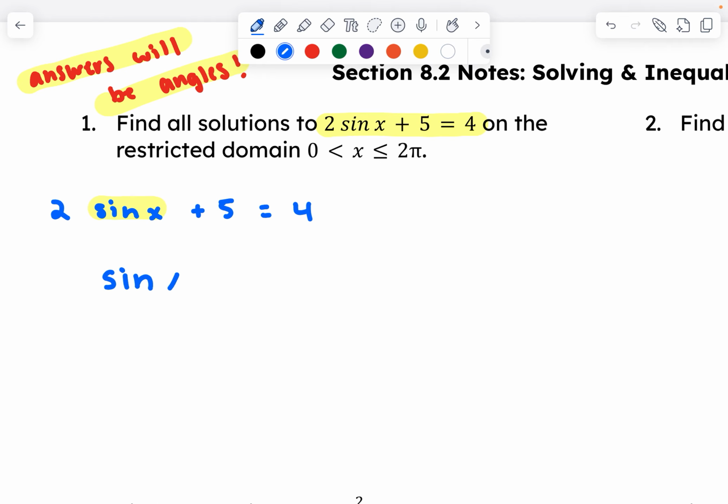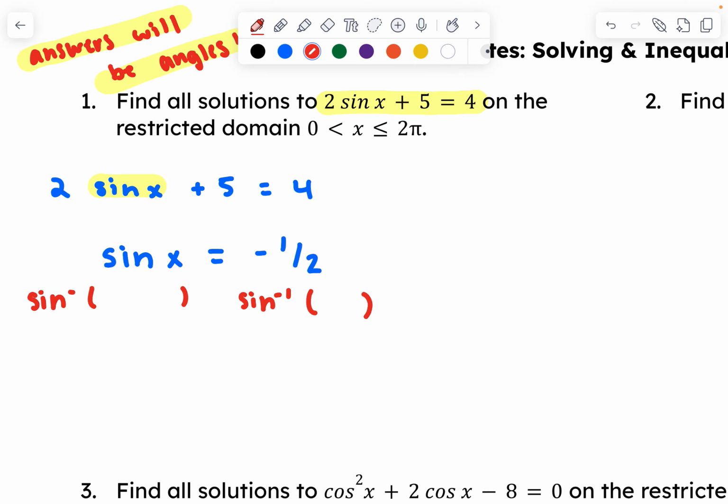If I subtract 5 and divide by 2, I end up with sine of x equals negative 1/2. Now to get x by itself, you want to take the sine inverse of both sides. When you do that, these cancel out, leaving you with x equals inverse sine of negative 1/2.